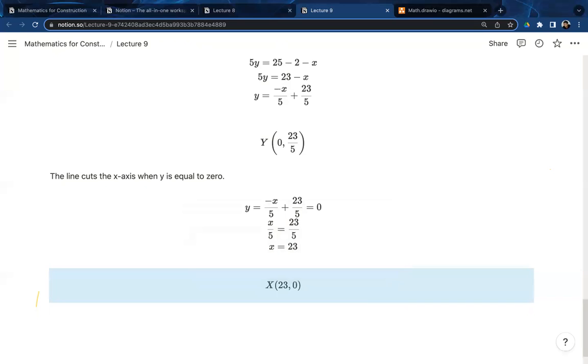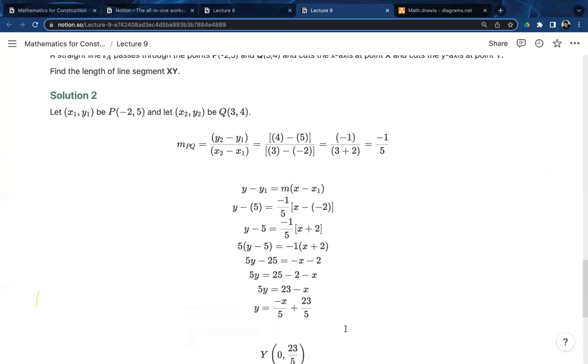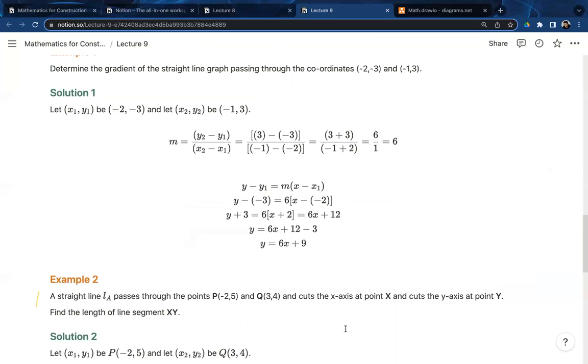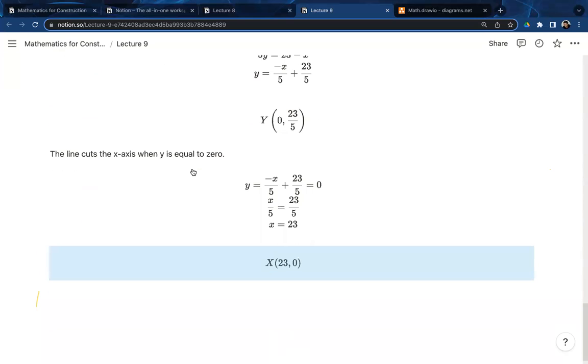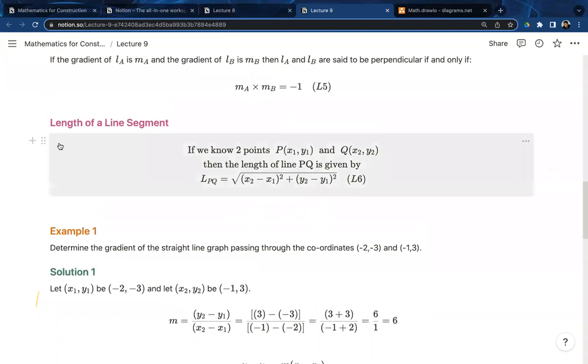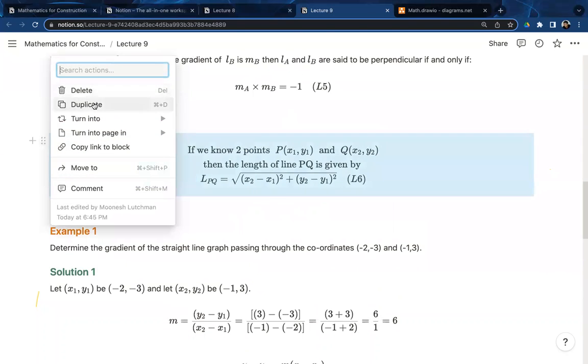You all got this for the coordinates of x and y? Okay. So we know the formula here.